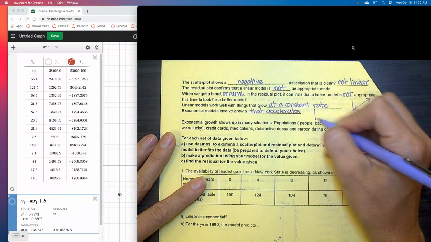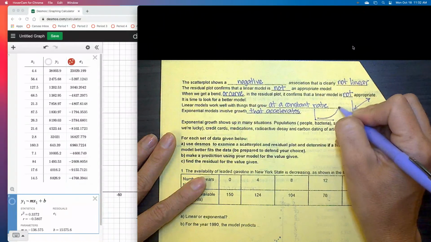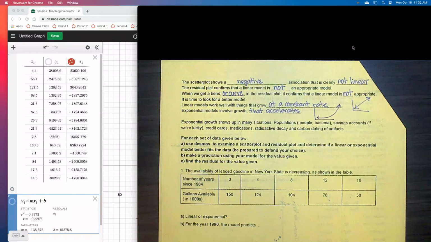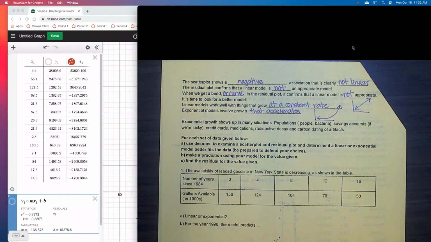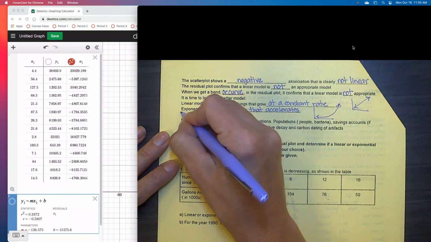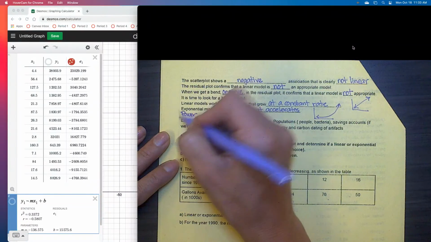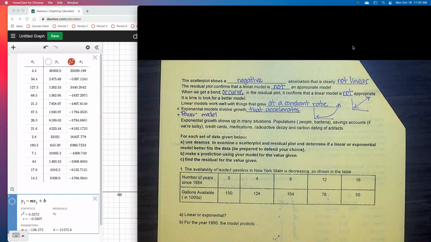So maybe when we see something that looks like that, and the linear model doesn't work, we want to check an exponential model. We also want to check a power model, which is similar to an exponential model. But we might also want to check either one of those models.